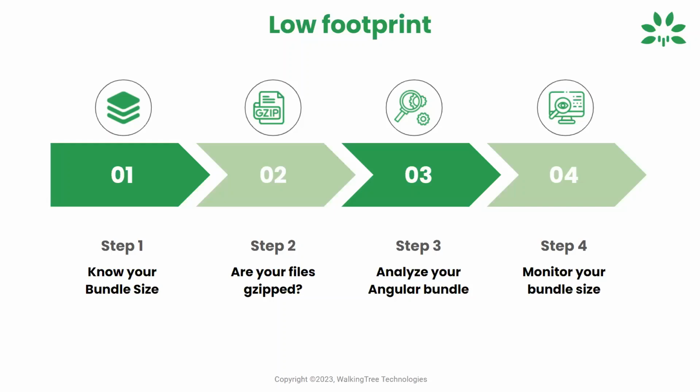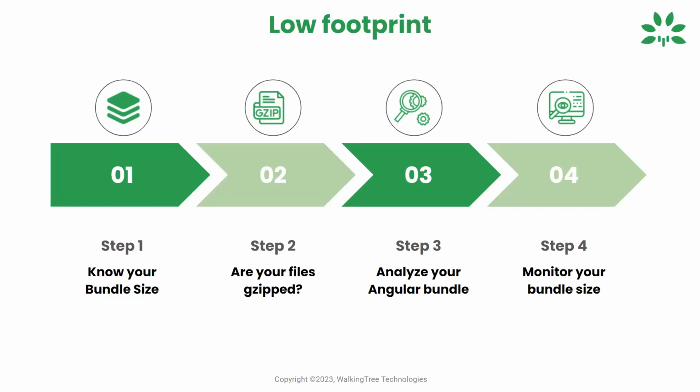Okay, another thing is gzip in the bundle. Even though it is in KBs, we can reduce the size further by using gzip in the main TS file that we have, using ExpressJS and everything. And another thing is analyzing the Angular bundle. Always analyze your bundle size and the libraries that we are including as part of our development.